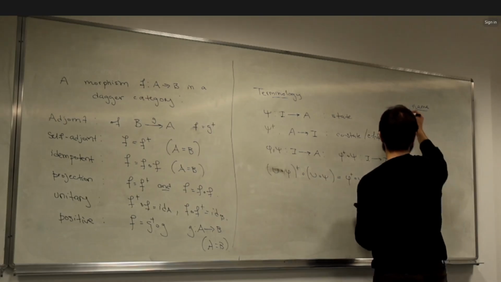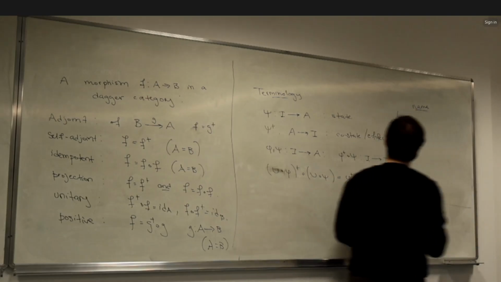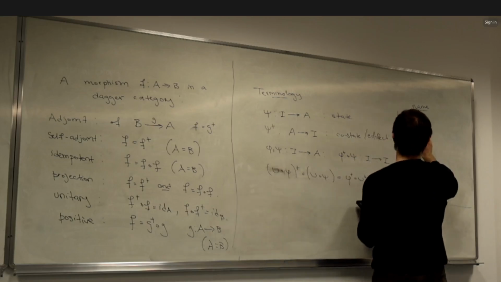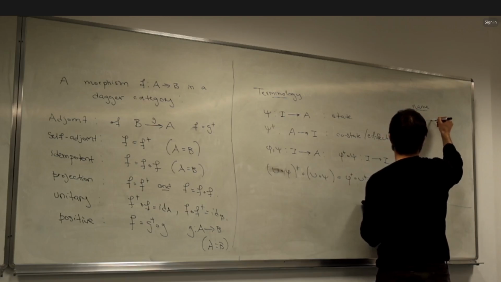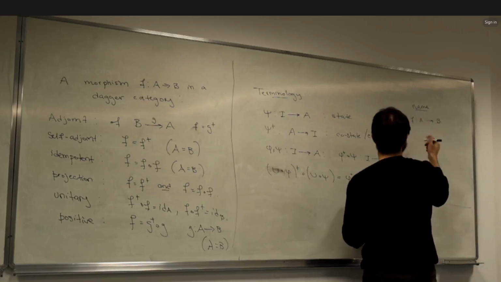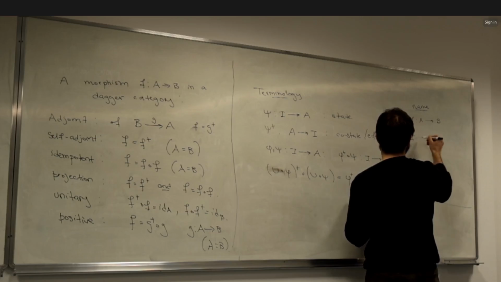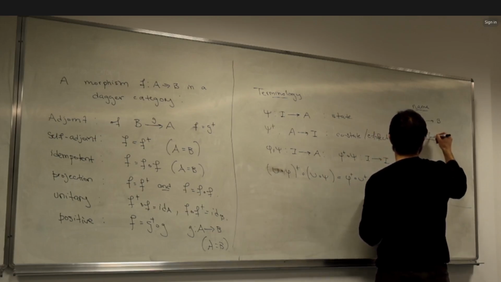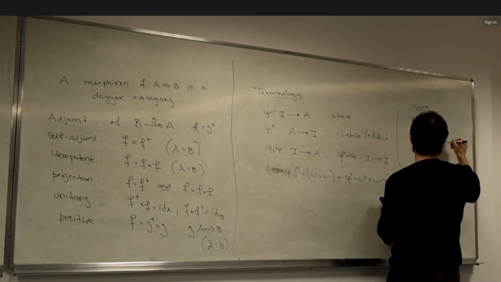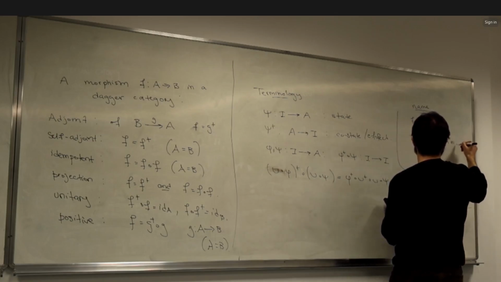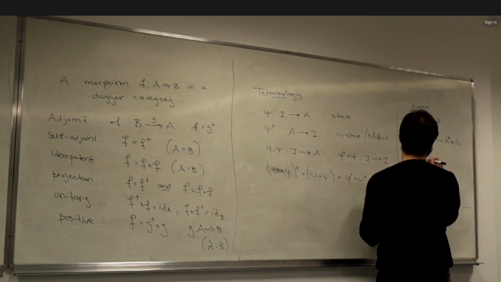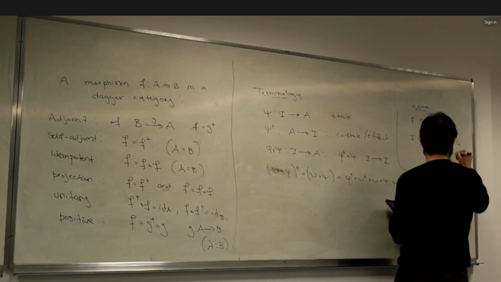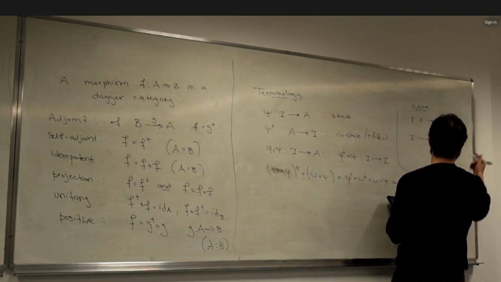So we have that a name will be something like this. So if you have some morphism A to B, then A dual tensor A, it will probably be something like this.